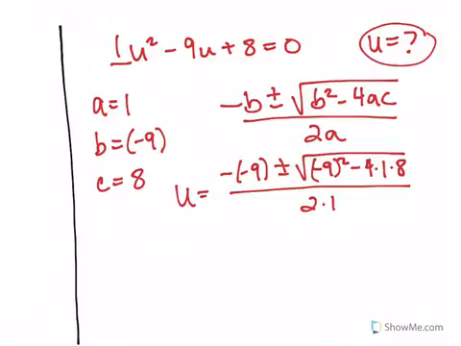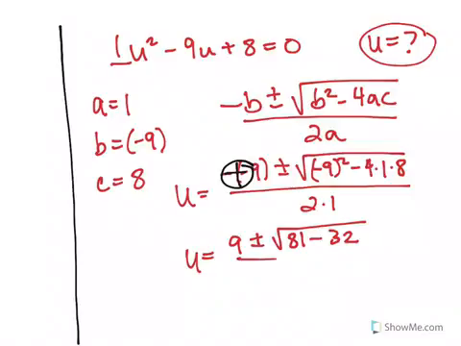So u equals, we can put these two negatives together to make a positive. So we have 9 plus or minus the square root of negative 9 squared, which is 81, minus 4 times 1 times 8, which is 32, all divided by 2.